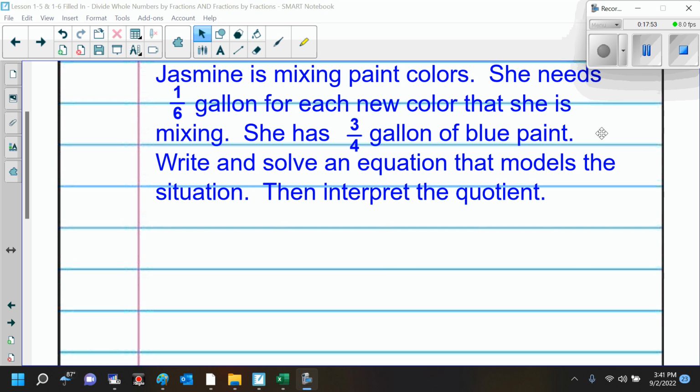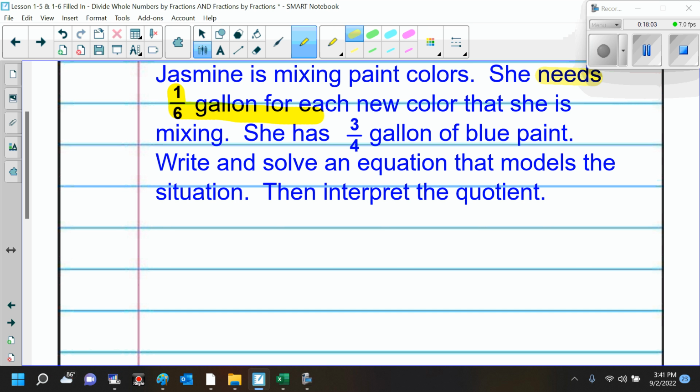So again, first let's write the important information. She needs 1/6 gallon for each new color that she mixes. Also, she has 3/4 gallon of blue paint.